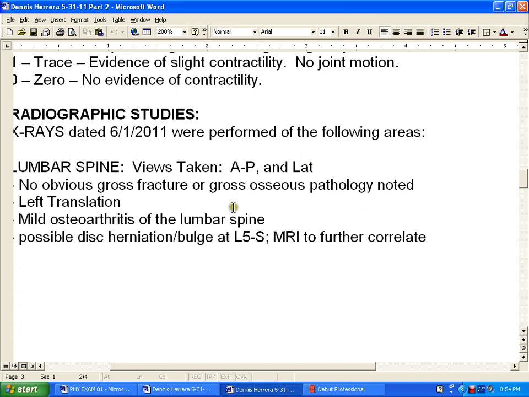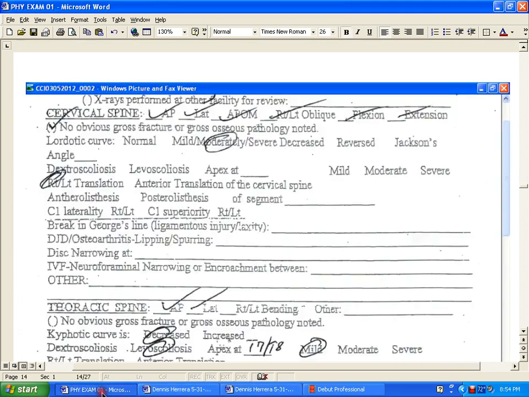It's all in there. And then whatever there is under there, like this says, so you put a dash. The second thing, moderately decreased lordotic curve. And then the next one is going to be right translation. That's the end of the cervical.